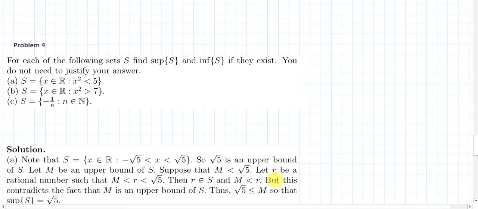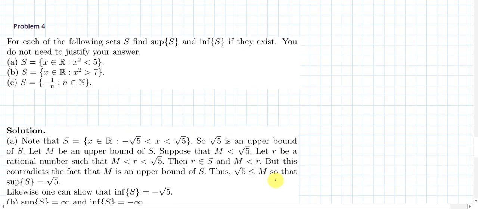Okay, next problem, problem number 4. For each of the following sets S, find the supremum and infimum if they exist.